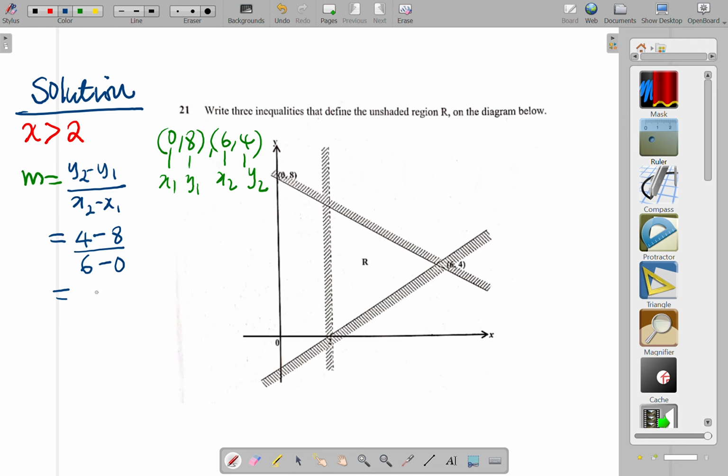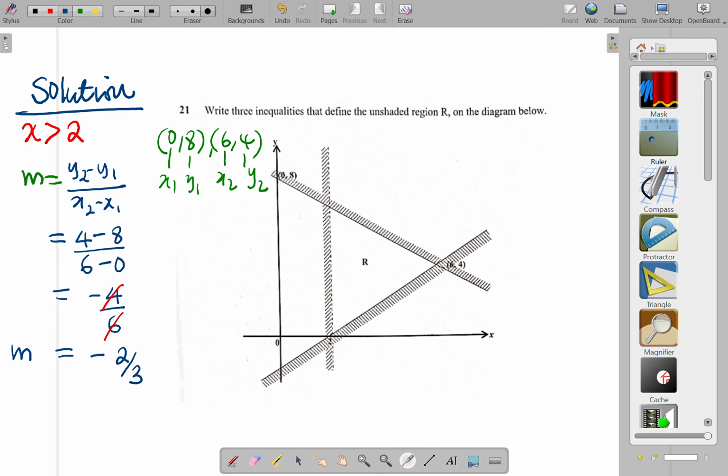So now I'm going to have negative 4 over 6, which is going to give me negative 2 over 3, like that. This is my value for m. Now, if this is my value for m, I know my y-intercept there is 8.